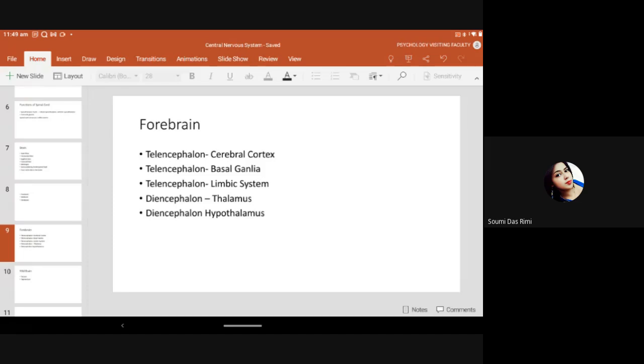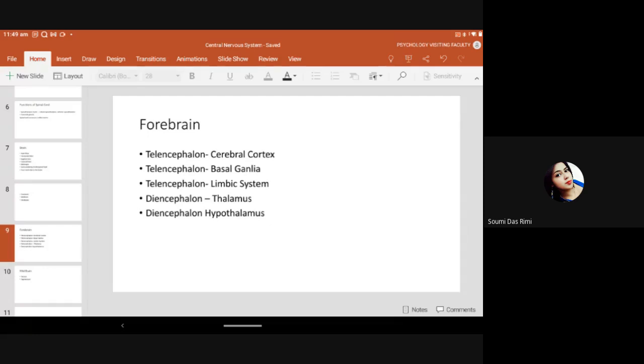So there are various names of this region. Number one, limbic, which means the ring system. Then it is also known as the old brain, because the main functions, that means the emotional expressions or motivations, are controlled by this system.